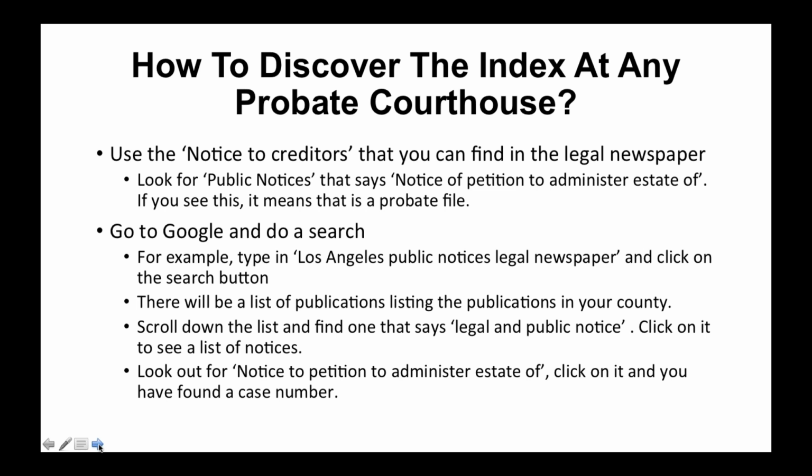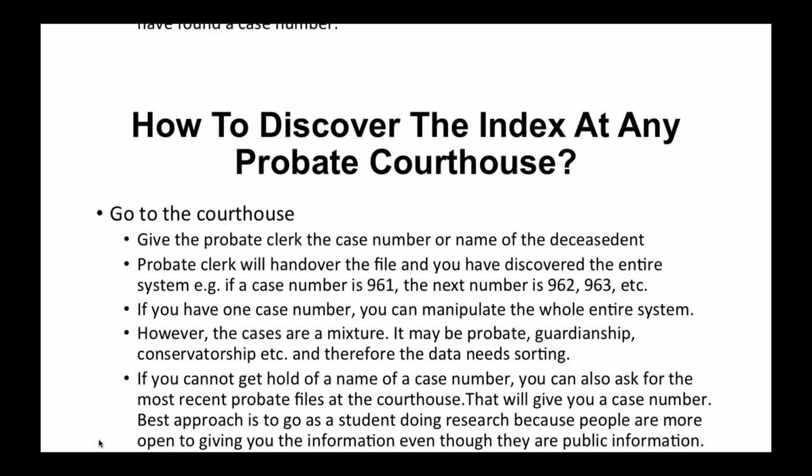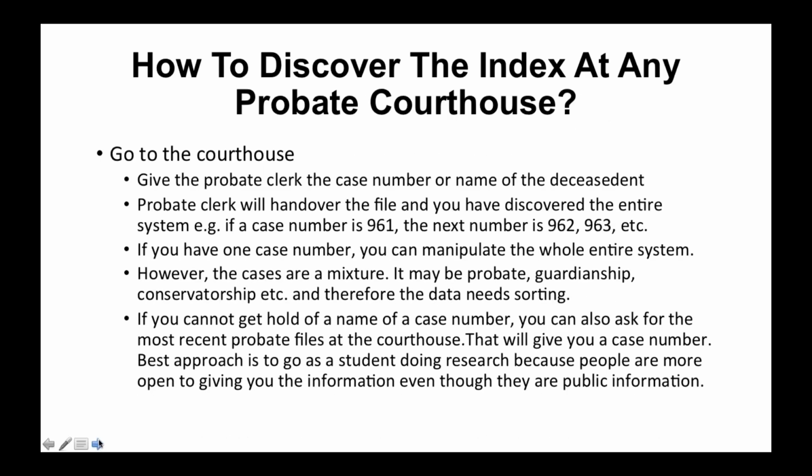You'll be able to search by probate, and you're going to get a whole list of probate filings because there's multiple filings for every probate case. You want to find the beginning of it, and the beginning of it is Notice to Petition to Administer Estate. So once you find this, this is the beginning of the treasure map, if you will.